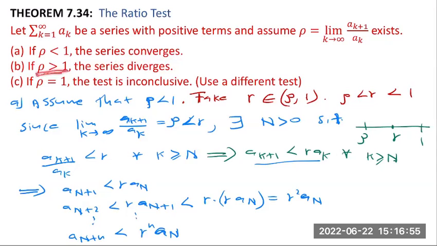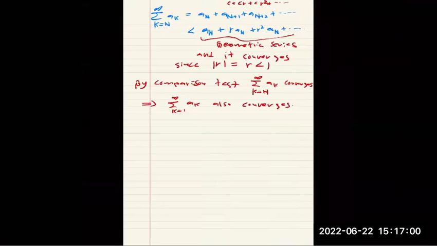Now, let's show that if rho is bigger than 1, the series diverges. Okay, so part B. Let's assume that rho is bigger than 1.